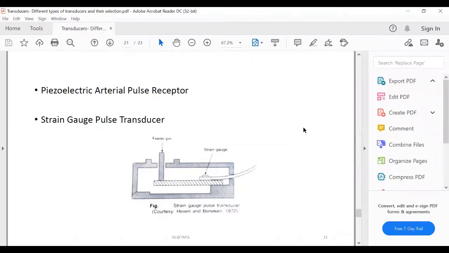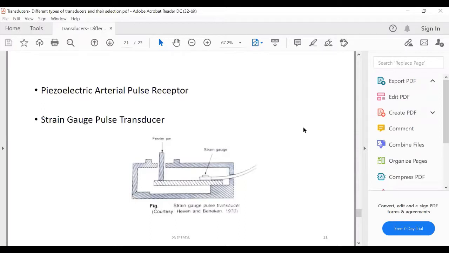So this displacement is basically transmitted to the crystal through a soft rubber diaphragm, and the pulse pressure waveform is recorded by connecting it to the ECG recorder. When the volume of blood in the finger varies during the contraction, it causes changes in the size of the finger, and these changes are transmitted as pressure variation in the air column inside the plastic tubing which is enclosed around it.